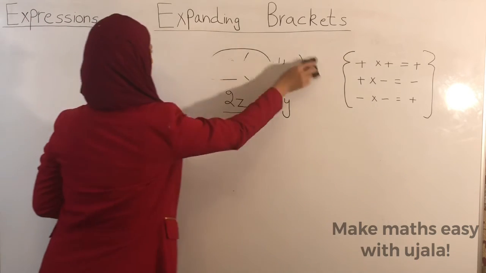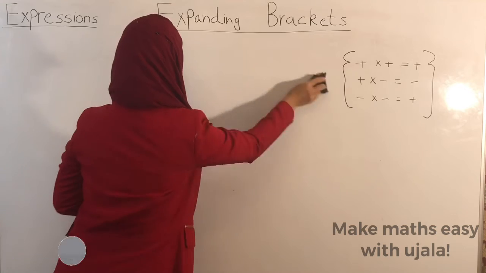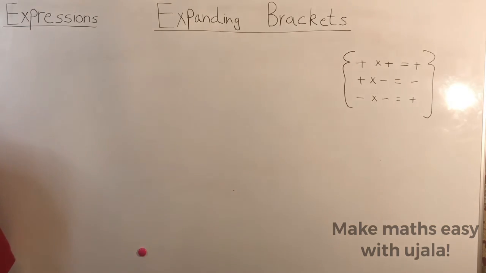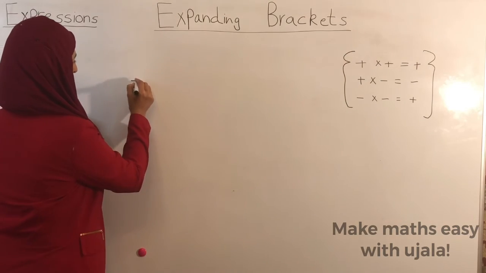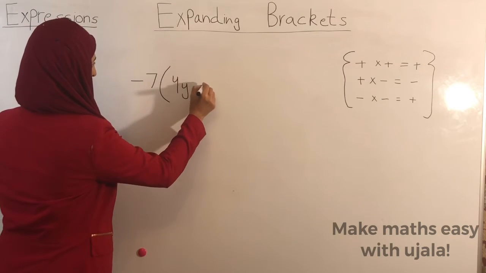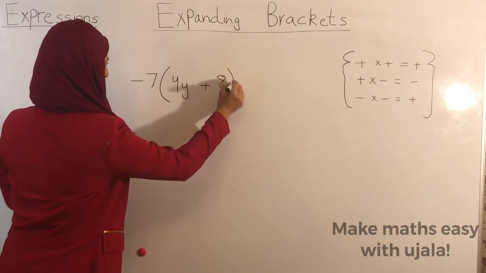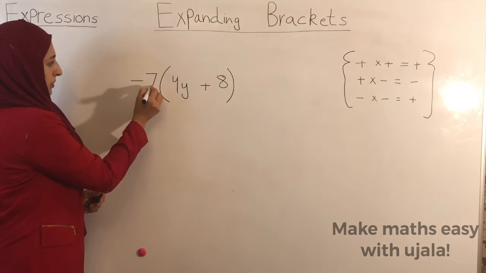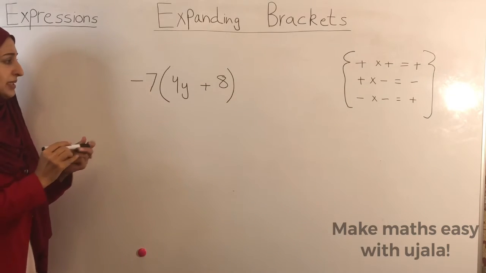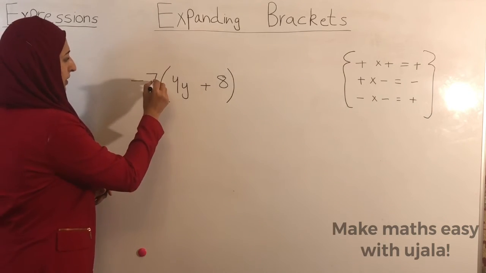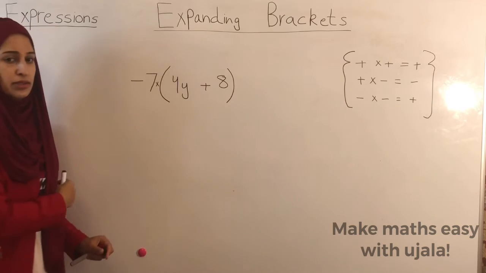I'll do another small example for the minus sign, because with the minus sign, students get confused more than with the plus sign. There's a minus sign and a number, and it is multiplying with everything inside the bracket.